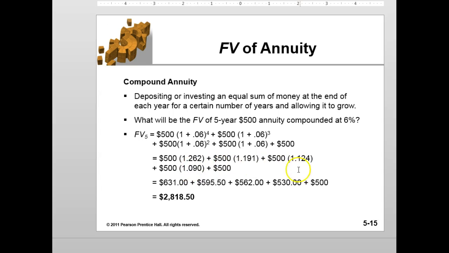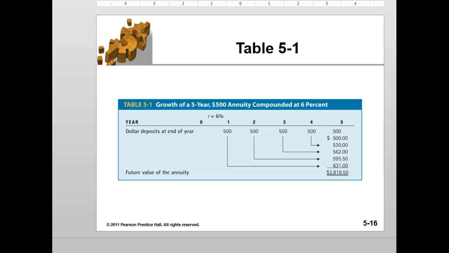Then you do all of the calculations, and you come up with the future value of an annuity for 5 years at 6% is $2,818.